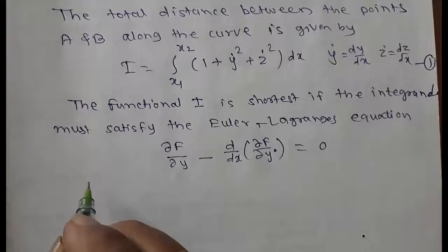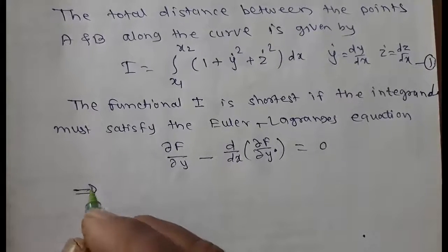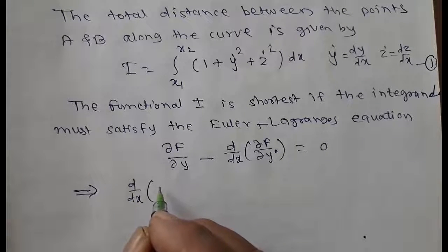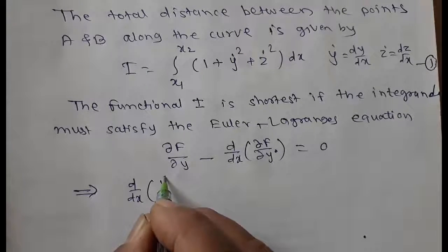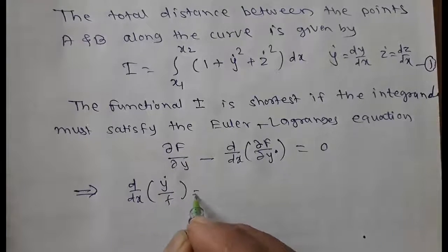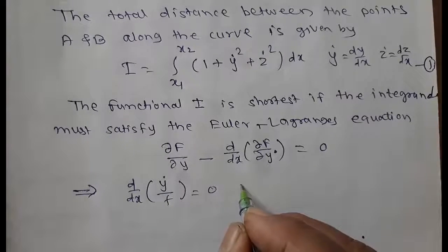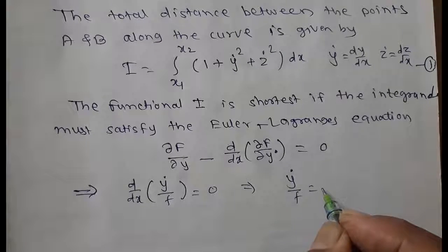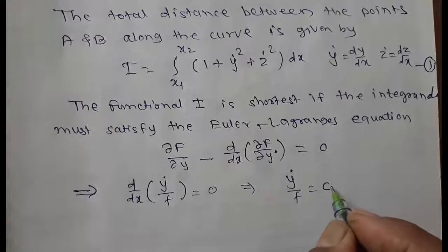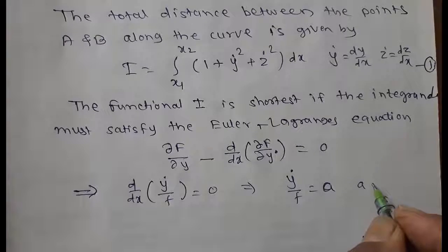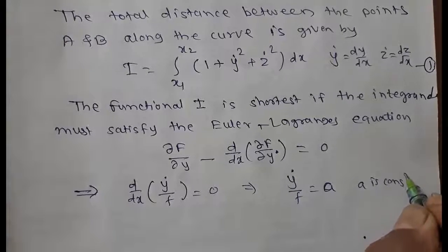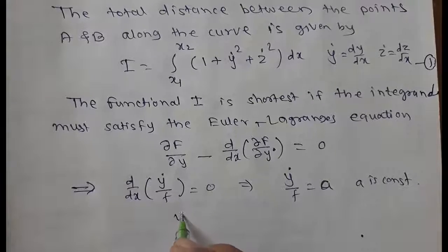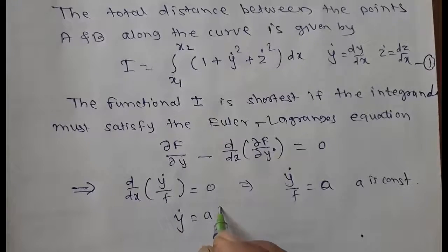This gives d by dx of y dot by f equal to 0. This implies y dot by f equal to some constant a, where a is a constant. Therefore, y dot equal to a f.